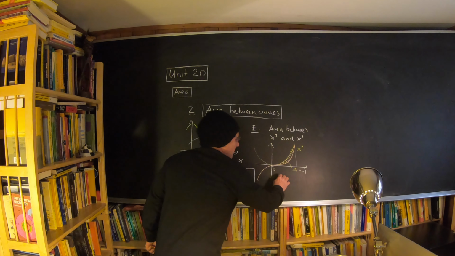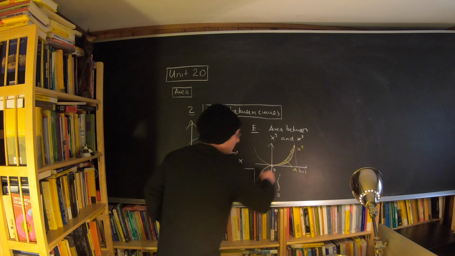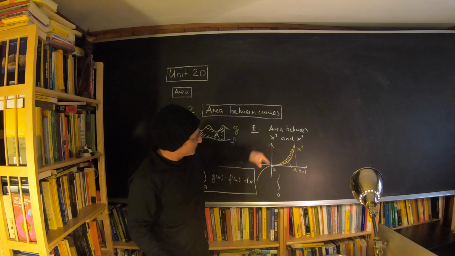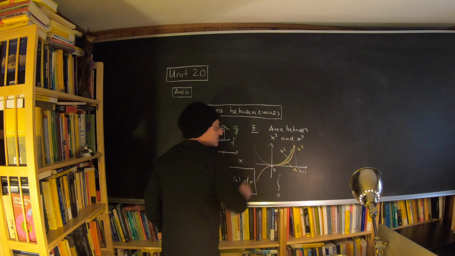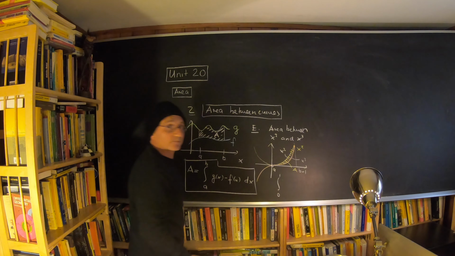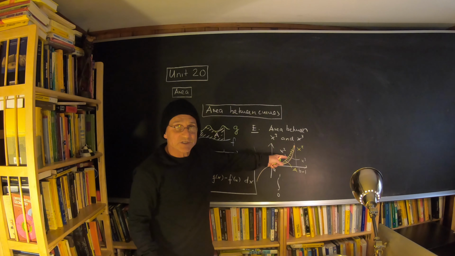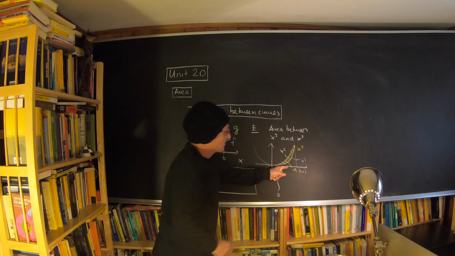And now we can answer the question. We can say the integral from 0 to 1 of what is above. So now it's important that we see what is above. So the function above is the function x squared, and the function below, that's smaller, that's x cubed. If you're not sure which function is above and which is below, you just pick a point, like here, 1/2, right?